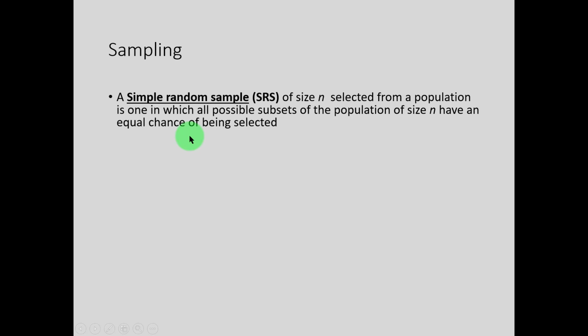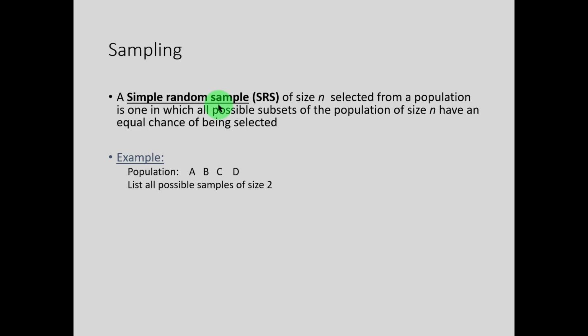Let's break that down. Suppose you have this limited population, pretty easy, A, B, C, D, just 4 letters. And let's suppose we want to select a sample of size 2. Well, we need to list all samples of size 2 to demonstrate simple random sampling. There are some rules here.